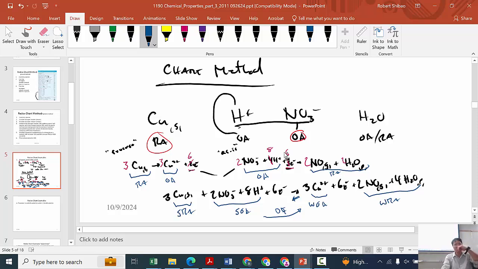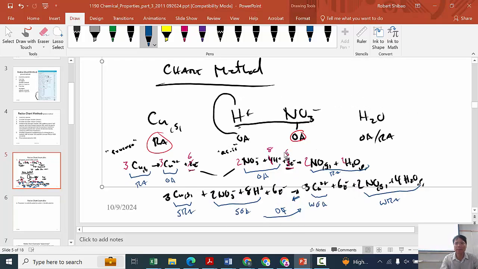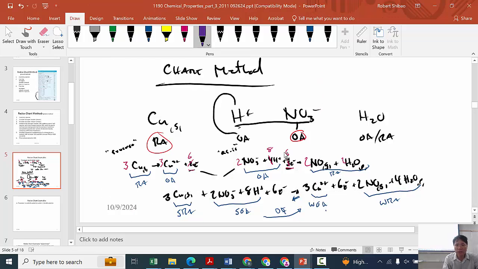And you could verify that, but that's it. So then, since we have driving force for this, I'm going to go ahead and clean it up. That is, I'm going to get rid of things that are on both sides, like the 6 electrons. Try to cancel those out. 6 electrons here, cancel out the 6 electrons there. And then that's it. So using the chart method, we end up with this equation here.